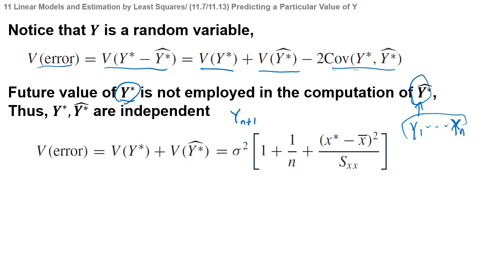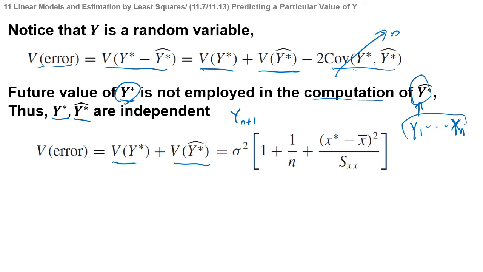So the computation of y star hat is independent of the future observation. So y star and y star hat are independent, and this covariance part goes to 0. And so the variance of the error is the variance of y star plus the variance of y star hat.